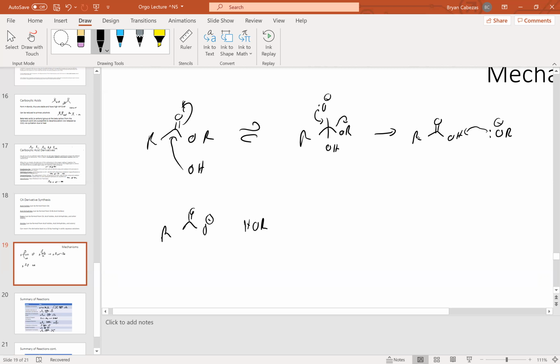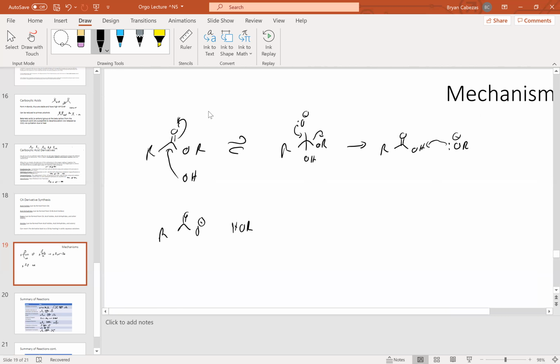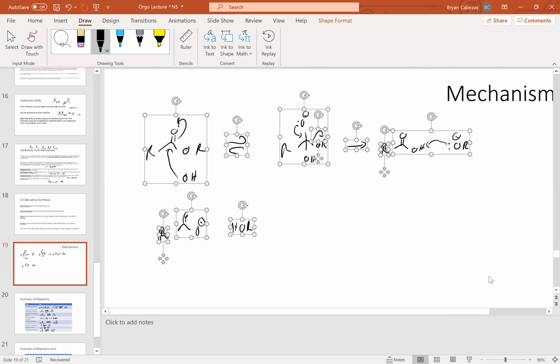Okay, so that last step is decently important. Definitely memorize that at the end, the hydrogen is going to be attached to the alcohol rather than the carboxylic acid, because the carboxylic acid is more acidic. So it's going to be popping it off, and the OR is going to be picking it up.